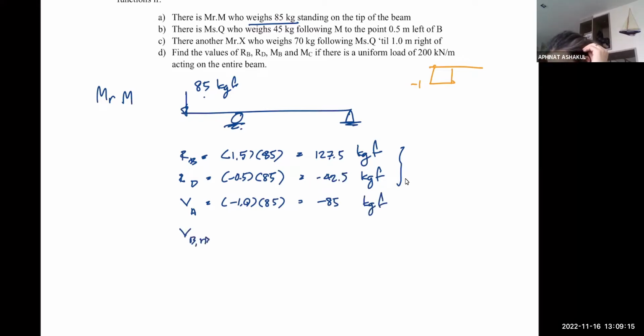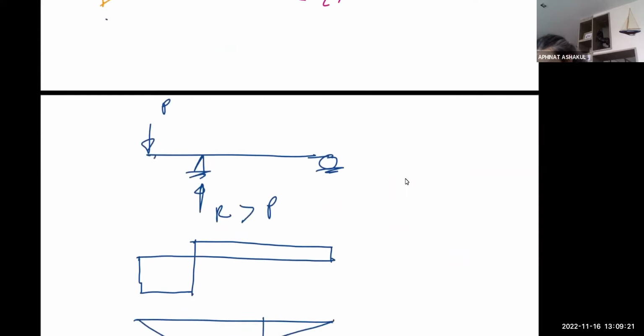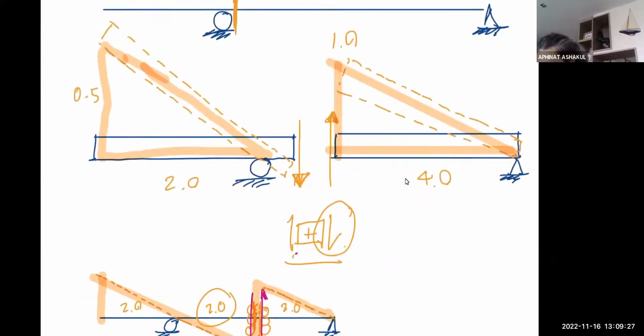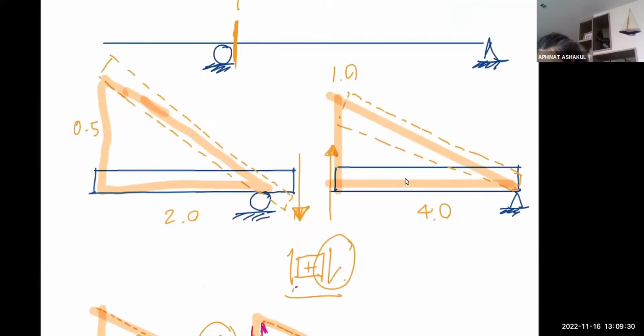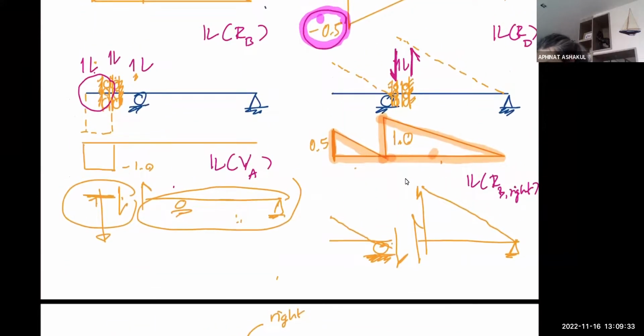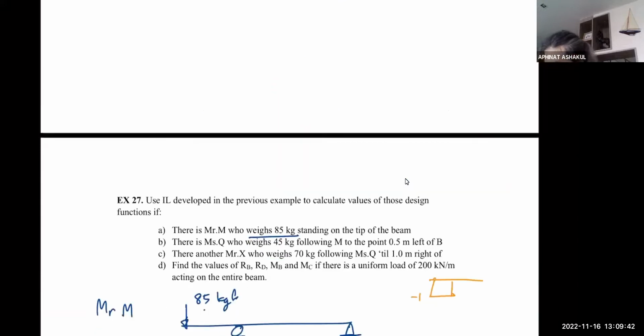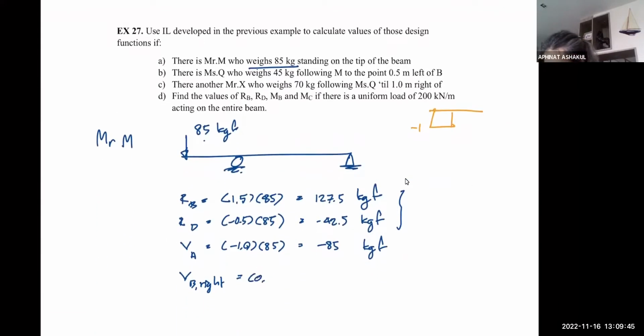VB to the right. No, I wouldn't remember that. So I have to go back and look at this. Here's my VB, why? Oh, it's VC. VB to the right. So our load is here. So it's 0.5, right? Okay.